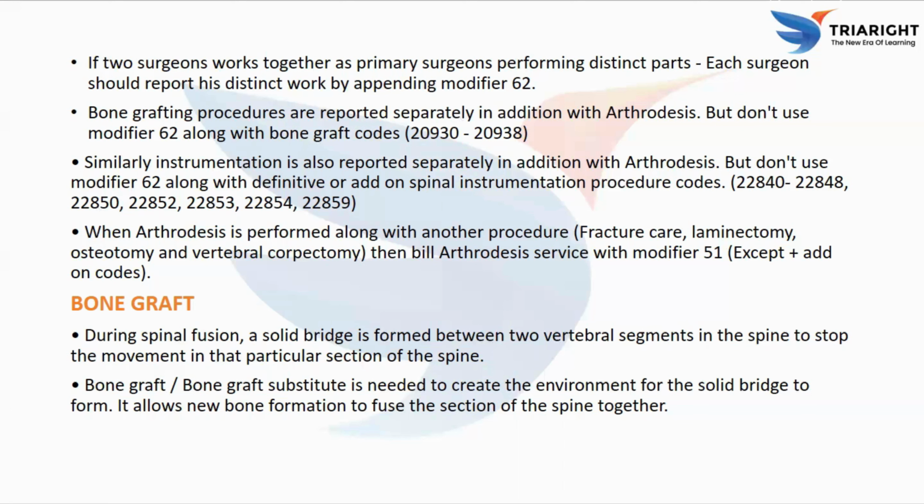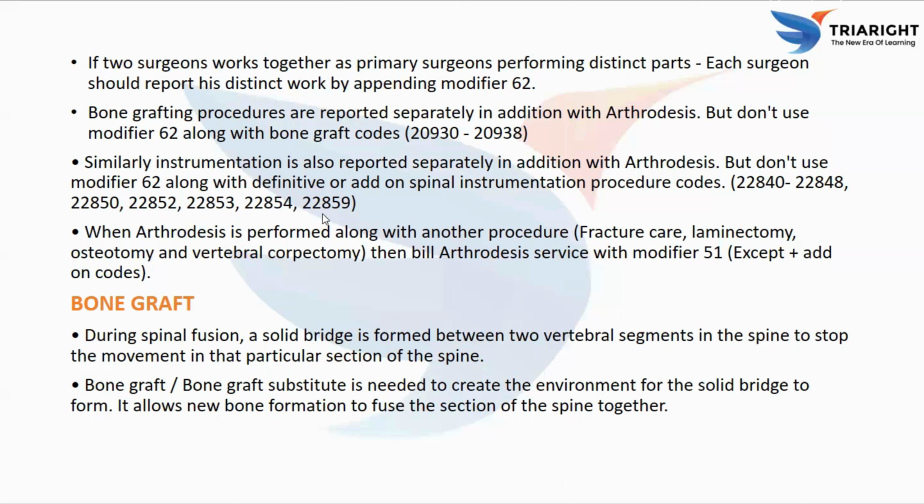For example, for arthrodesis L4 to L5, you assign 22,558 with modifier 62. For the bone graft, an autograft or allograft, you assign 20,936, with no modifier 62. Spinal instrumentation is also reported separately, but without modifier 62.